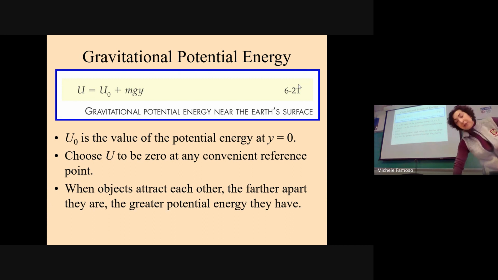Let's think about that for a minute. Here's a mass. There's another mass, the Earth. This pen has a certain amount of potential energy right now, yes?